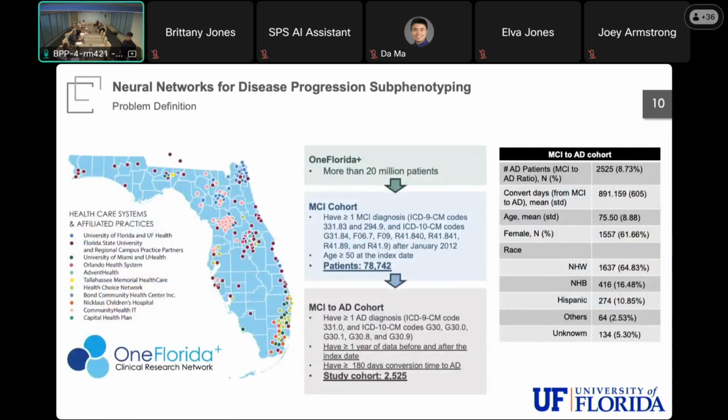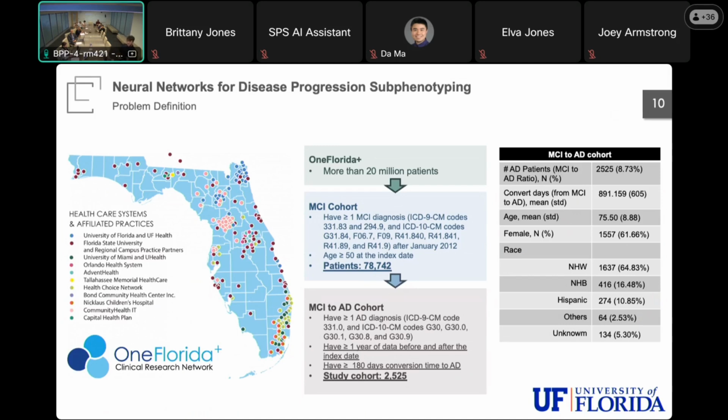In this study, we use a cohort from OneFlorida+. OneFlorida+ is a clinical research network that contains a large amount of patient data, over 20 million patients from Florida, Georgia, and Alabama. We first extract an MCI cohort based on the MCI ICD code. So the patients in this cohort have at least one MCI diagnosis code, and the age must be less than or equal to 50 years old.